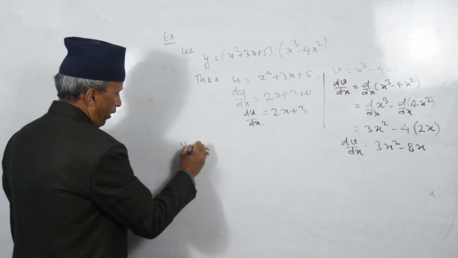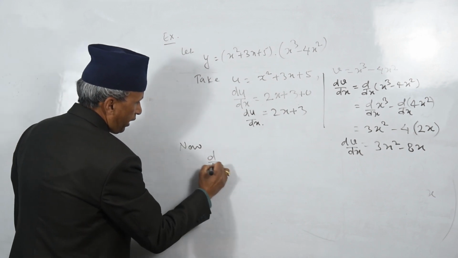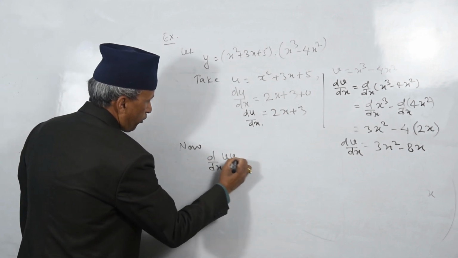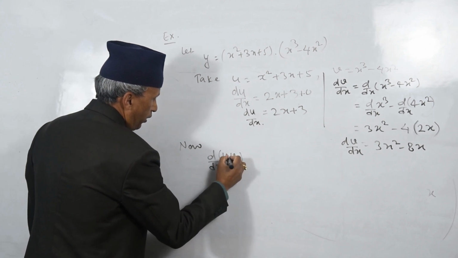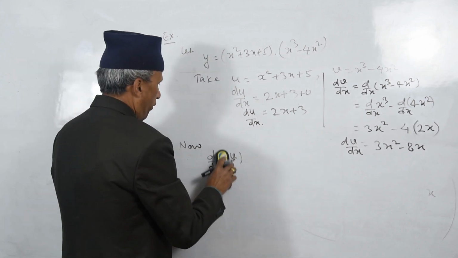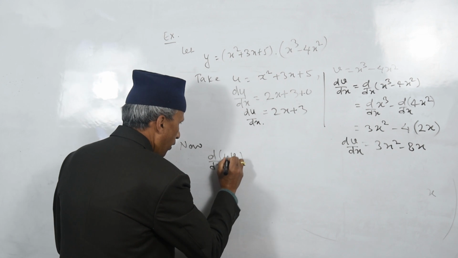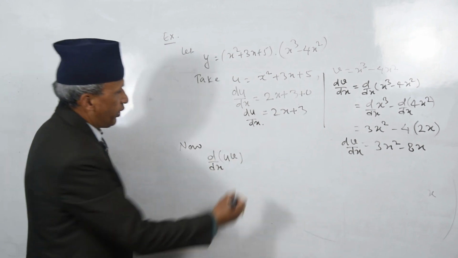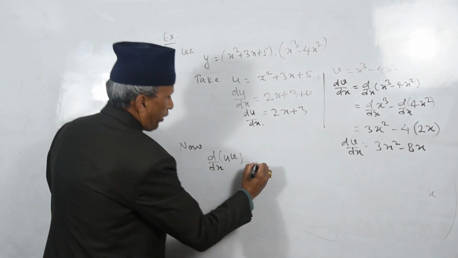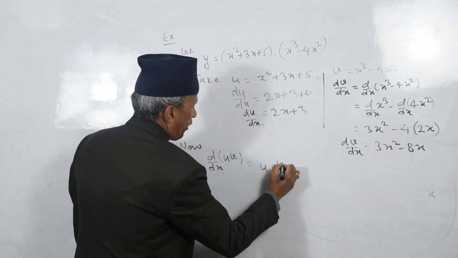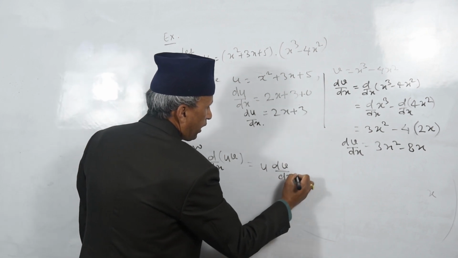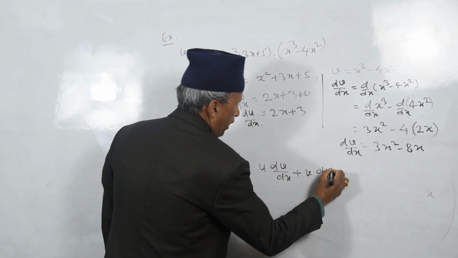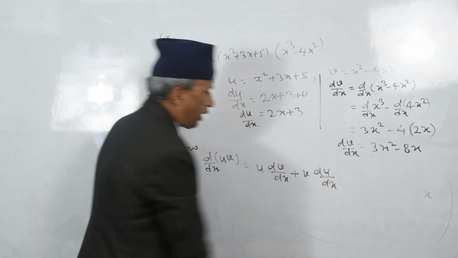Now d by dx of u into v is equal to u dv by dx plus v du by dx.